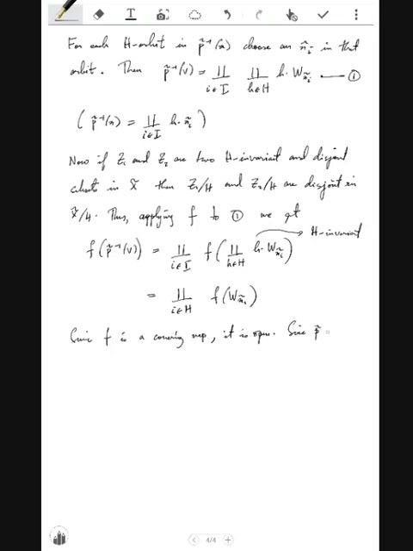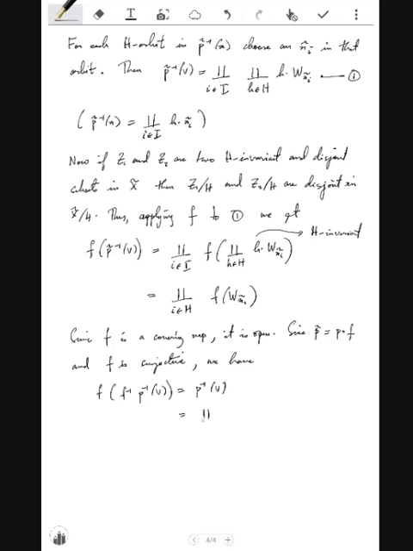Since p tilde is equal to p composed with f and f is surjective, we have f of f inverse p inverse V is equal to p inverse V.